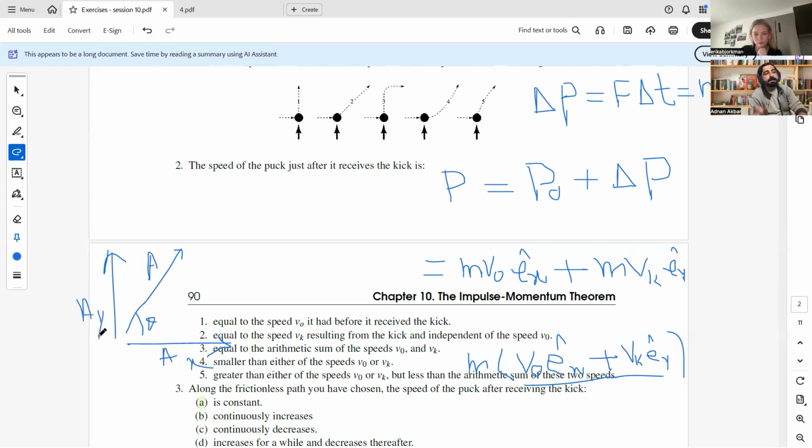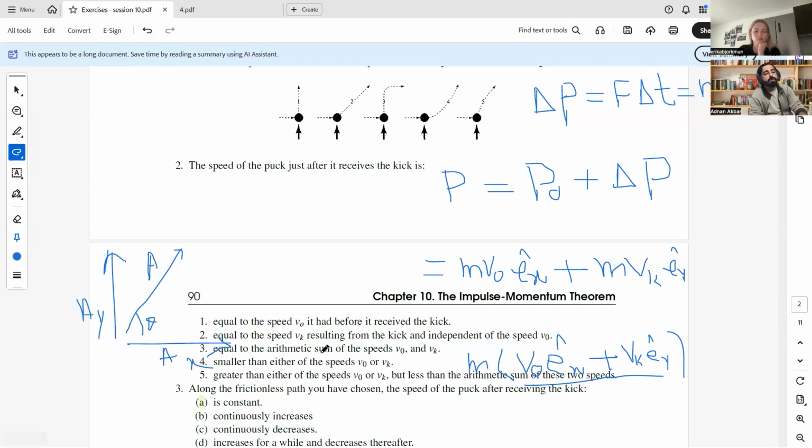I want to clear that the thing necessary for you to resolve a vector is when the vector is not on a specific axis, along the x-axis or along the y-axis, it is lying at some angle theta, then you need to resolve it.